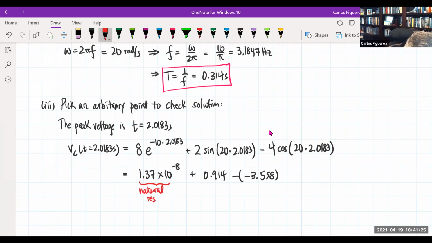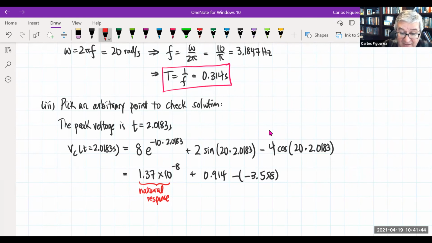And what you're seeing here is that this number right here is the natural response. And that means it has decayed from its natural response. You can see that the value is quite small, 10 to the negative 8. Wow, that's like nothing, right?